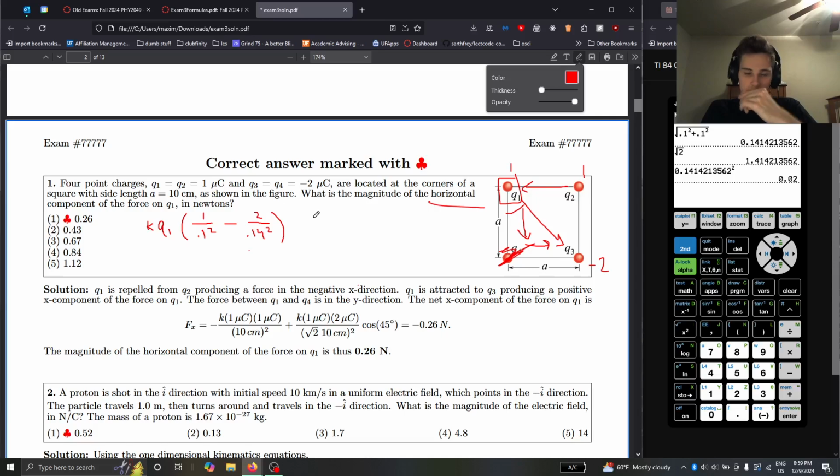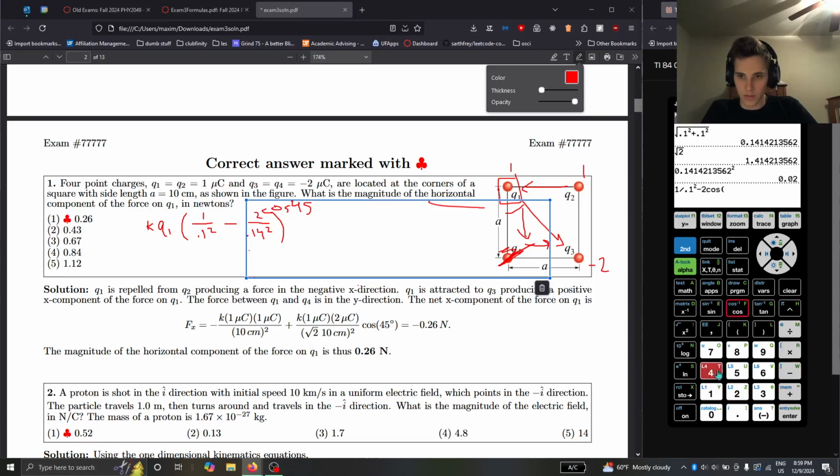We can take the cosine of 45, it doesn't really matter. So we'll do that: 1 over 0.1 squared minus 2 cosine 45 divided by, let's grab this number up here, squared.